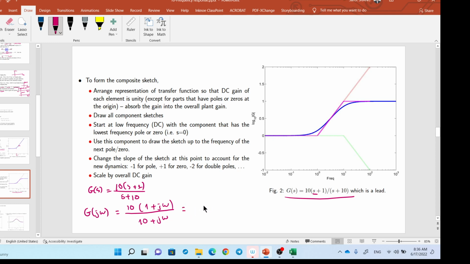It's better to write this way: 10 over 10, this one is still 1 plus j omega, and this one is 1 plus j omega over 10, like this.